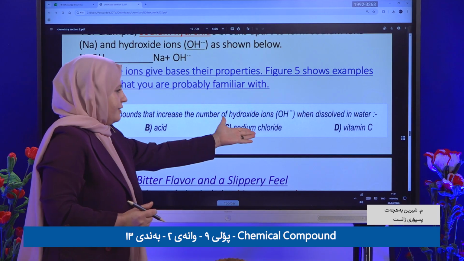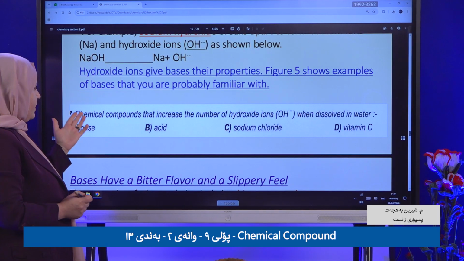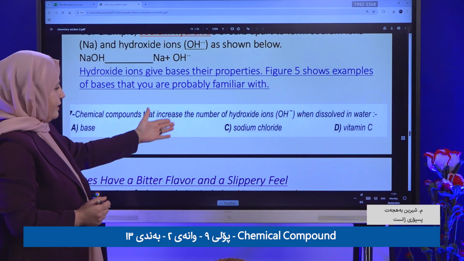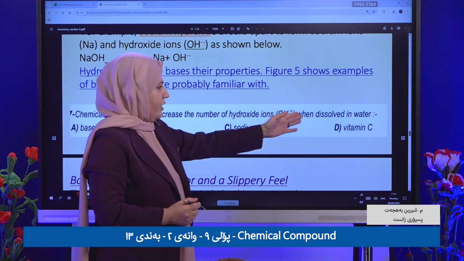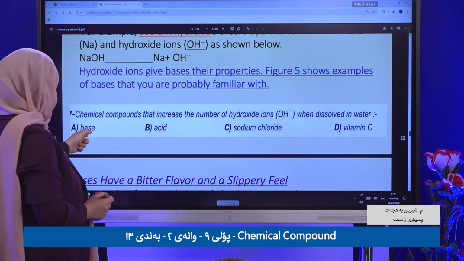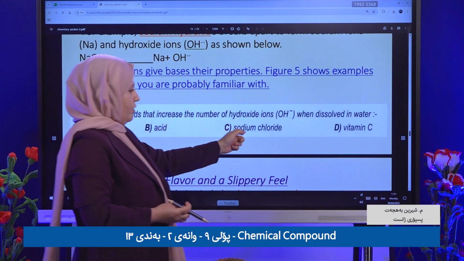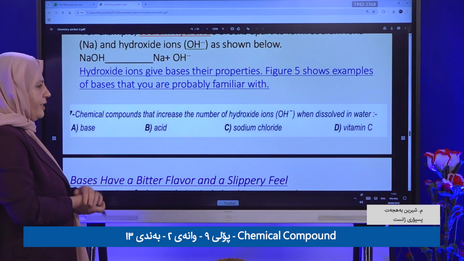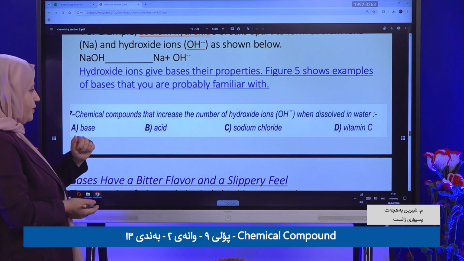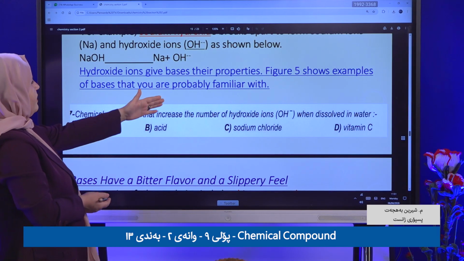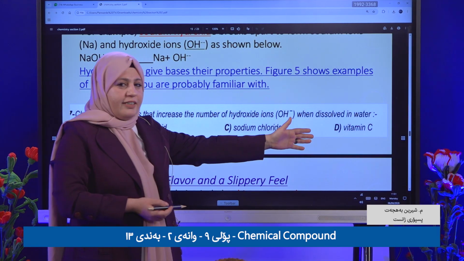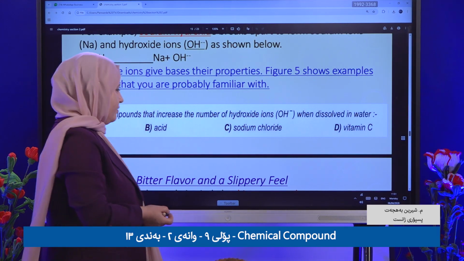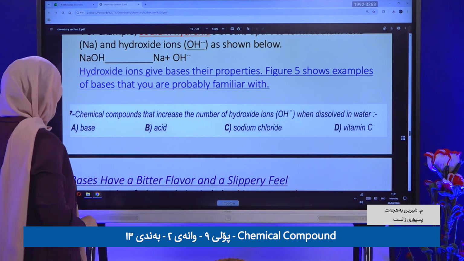Which one is correct? Base, acid, sodium chloride, or vitamin C. Which answer? Very good. It is base.